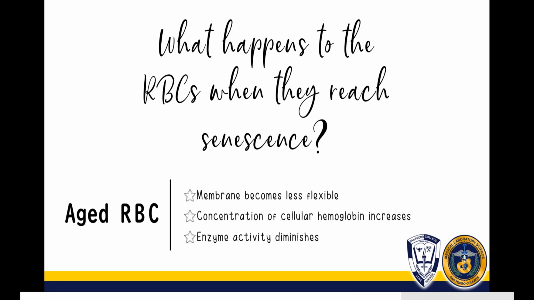And when RBCs lose their viability, they are subject to hemolysis or destruction. But again, this whole thing is a normal process because the RBCs have already reached their lifespan. They have already served the 90 to 120 days lifespan. So it's time for these RBCs to rest. They have done their job well, and it's time for them to be destroyed.